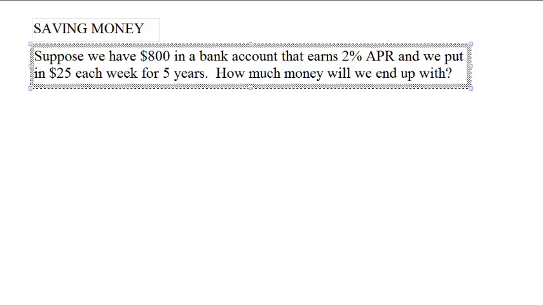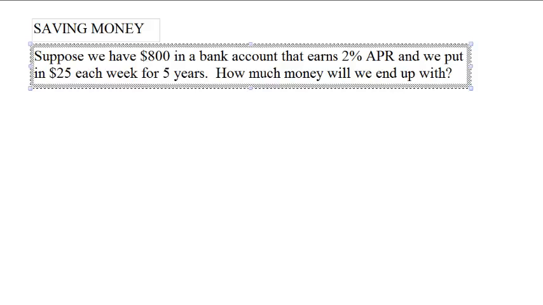Well, okay, a bank account probably only compounds the interest every month, but just for the sake of using this formula that we have, let's always suppose that the number of times that the interest is compounded each year is the same as the number of times that you add the money in.